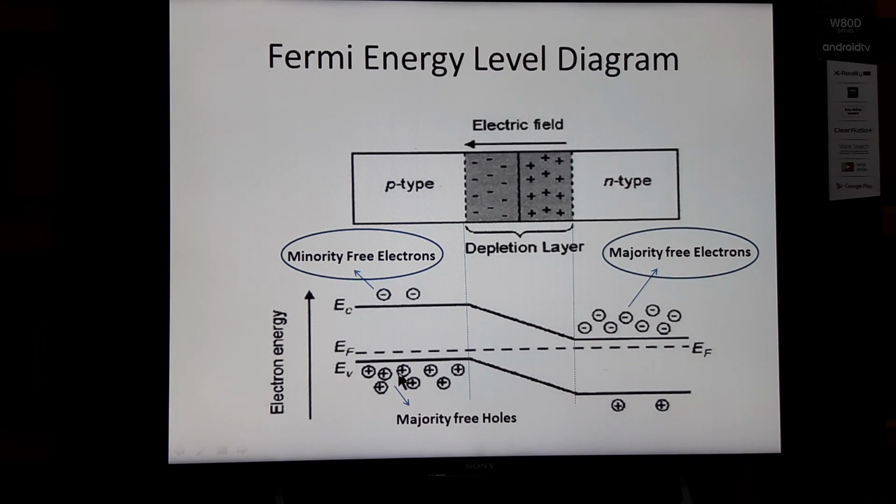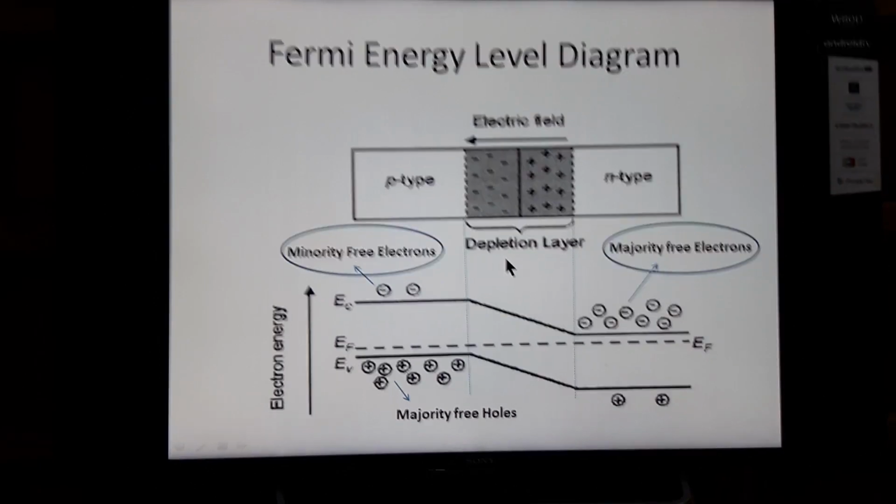Similarly, in the neutral p region, there exist majority holes in the valence band and minority electrons in the conduction band. It implies that these free electrons require some energy to transfer from this side to that side for a conduction process, and the required energy is equal to the built-in potential energy of the depletion zone that we have to determine just now.